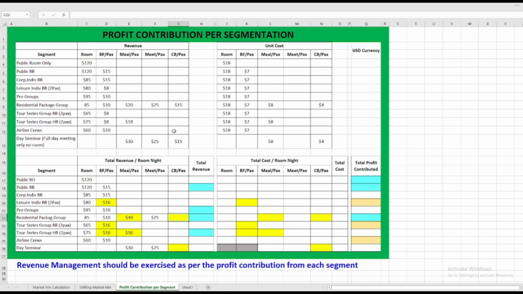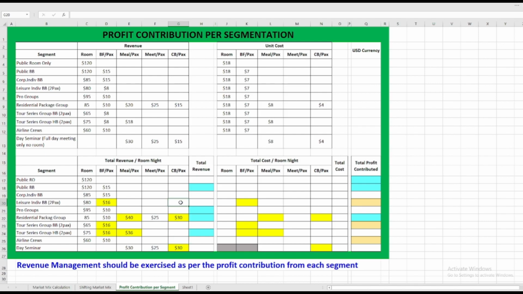Residential package coffee break is 15. They have a morning coffee break and an afternoon coffee break, so 15 times 2 is $30. The rest are all fine. Day seminar also has 2 coffee breaks, morning and afternoon, so total revenue allocation is $30.